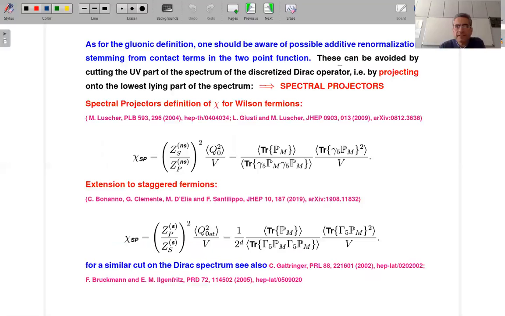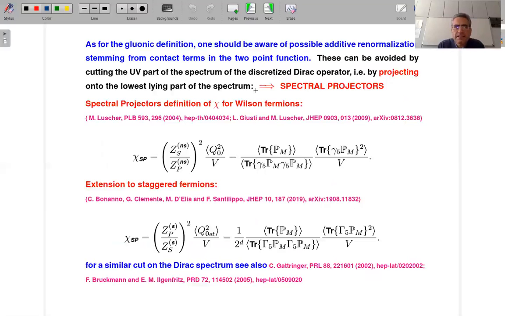Now the point is that in this case you have a nice way to avoid this additive renormalization, so to avoid the contact terms stemming from the two-point function, and this is the so-called method of spectral projectors.